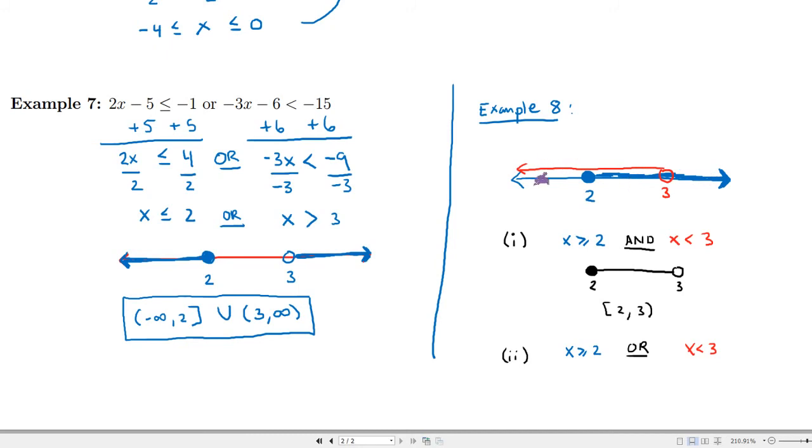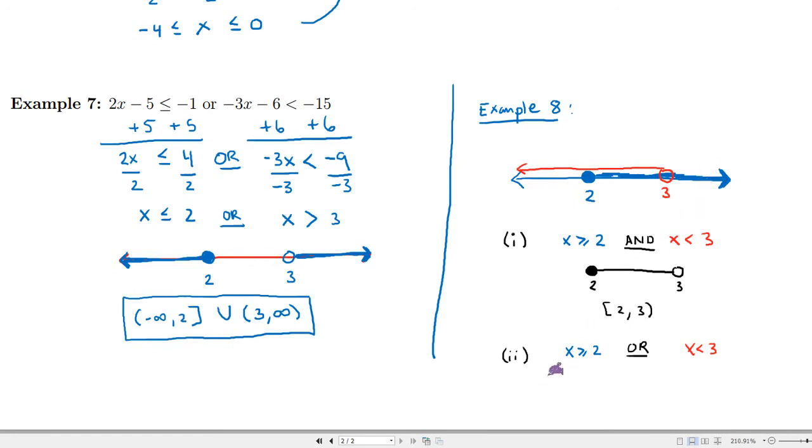Well, think about this. If you were over here, let's say you were 0, you would definitely be part of the red part. If you're in the middle, well, you're definitely part of one of them. You're actually part of both of them. So, for example, 2.5 is still a solution to this because you are in here or here. You're actually in both, right? And if you're greater than 3, let's say you're over here, and maybe 4, then you're part of the blue.